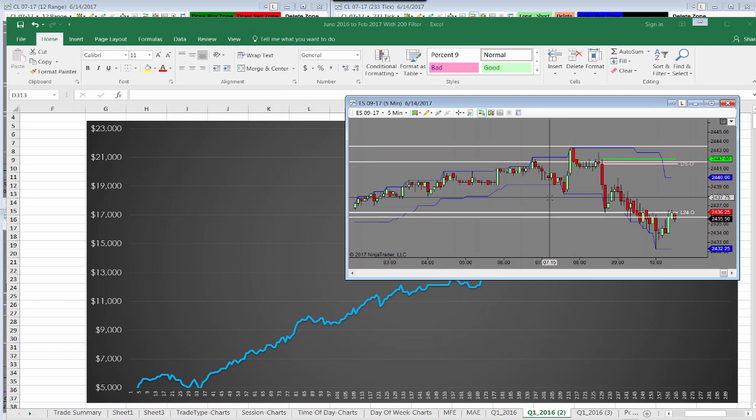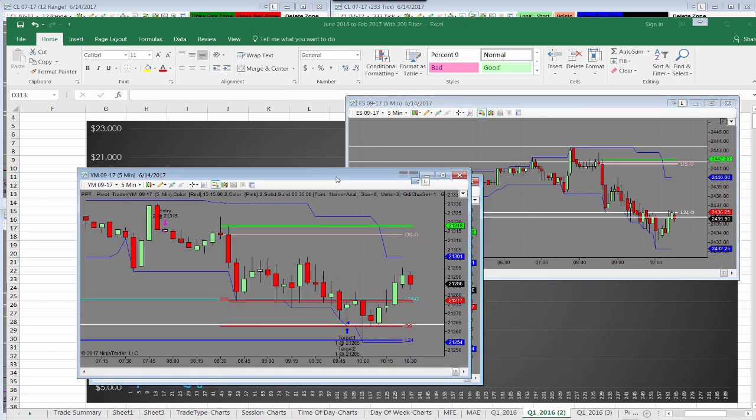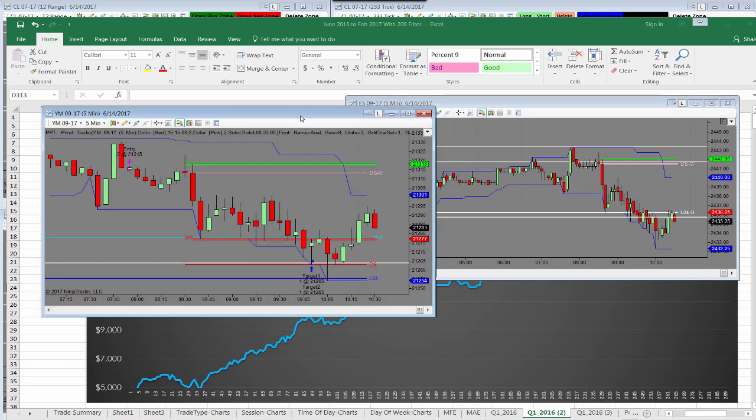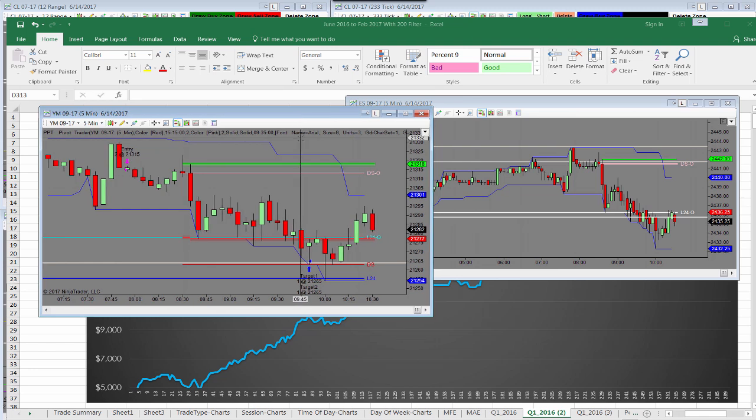I have a very specific setup that I'm looking at across all 4 markets. It never set up on the ES. However, it did set up on the YM, so I took the YM because the ES was at resistance.